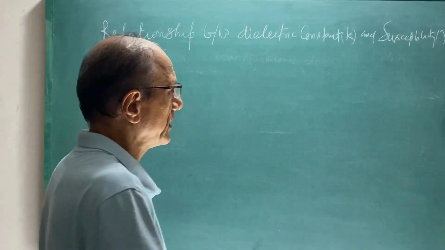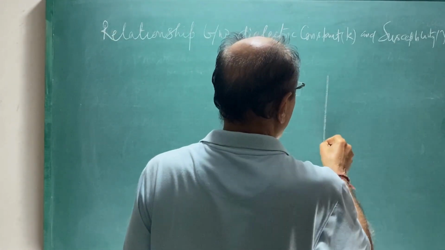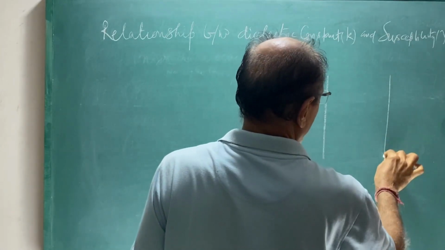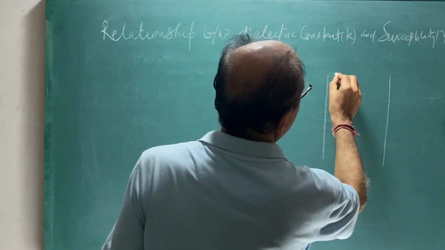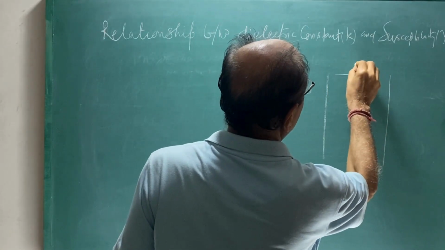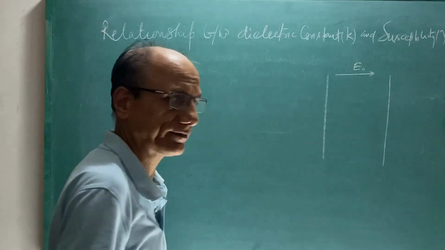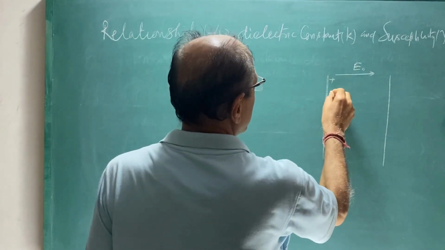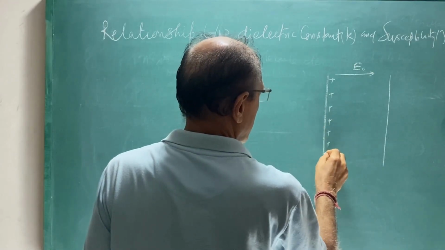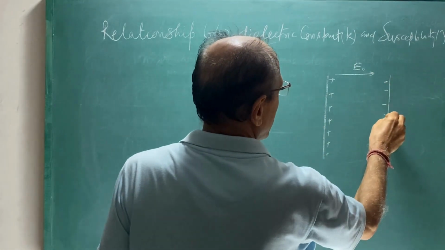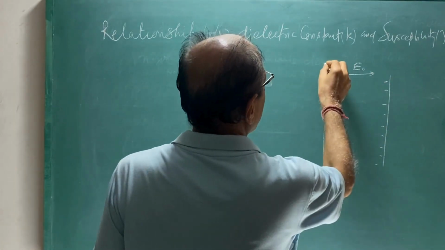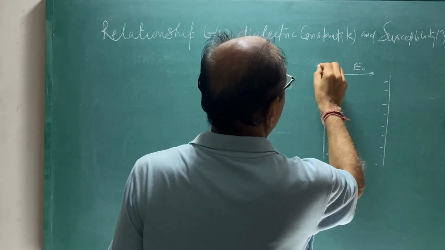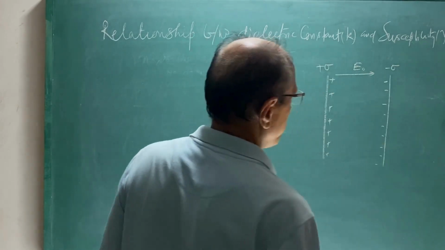So, for this, let us consider a region here where the electric field E naught is applied. That means here is positive and here it is negative. Here the charge density is sigma positive, here it is minus sigma.